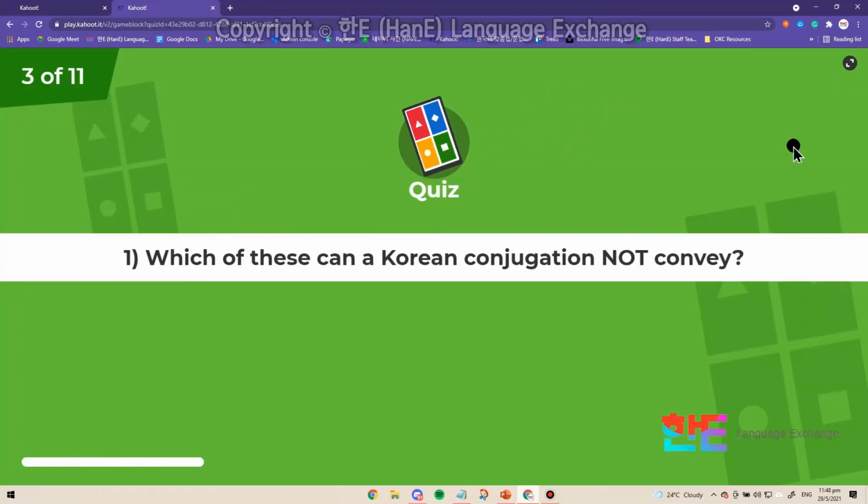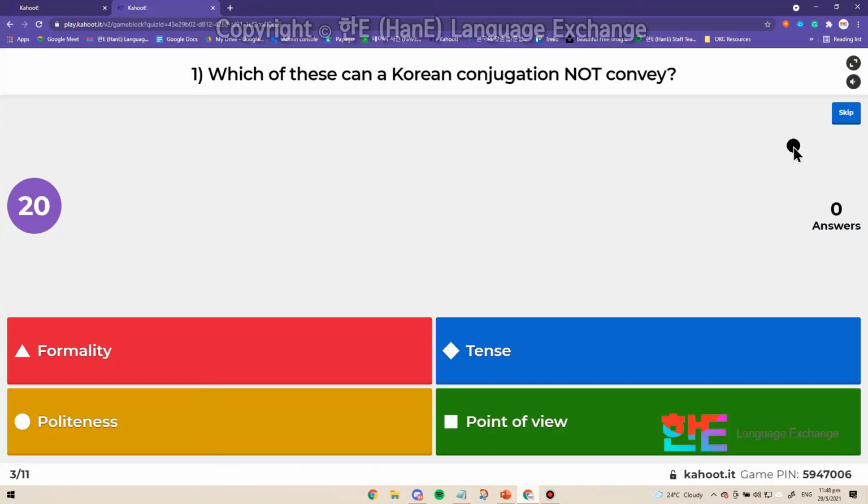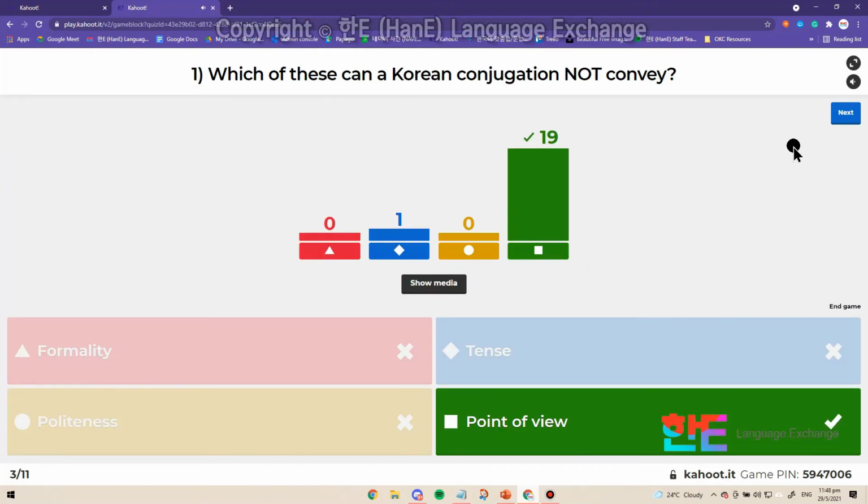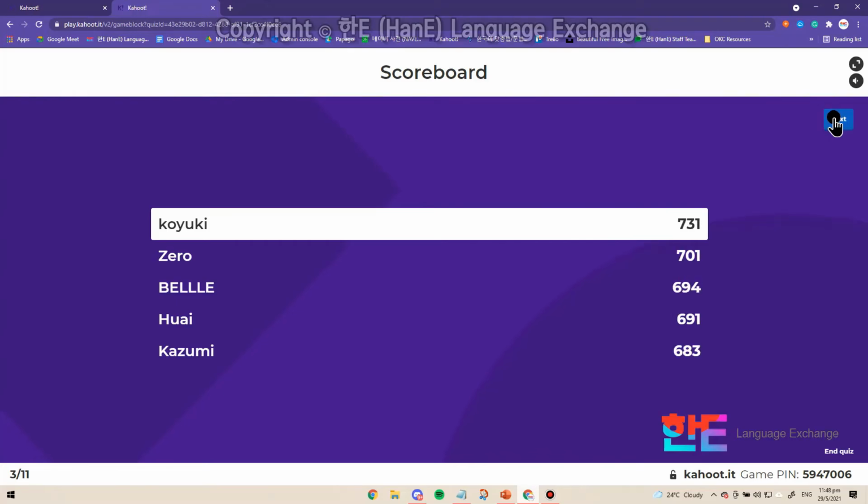Yeah. So we compared Korean conjugation to other conjugations found in other languages. Yep, most of you got it correct. Tense is what we covered today, and it can convey tense through conjugation.